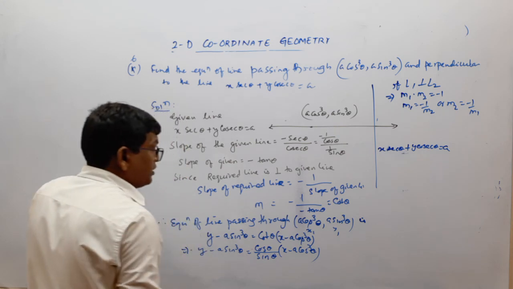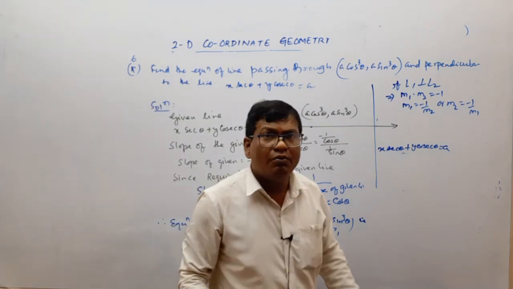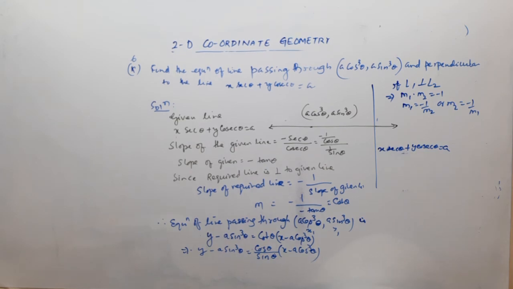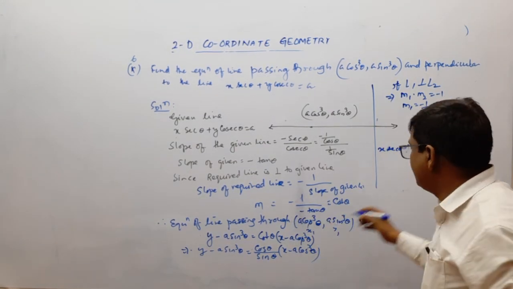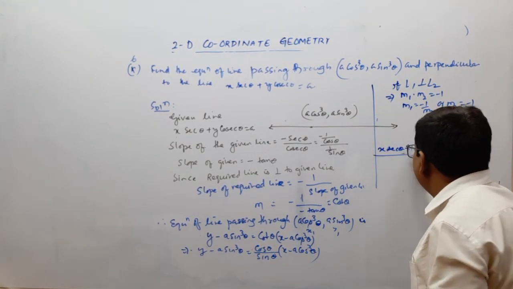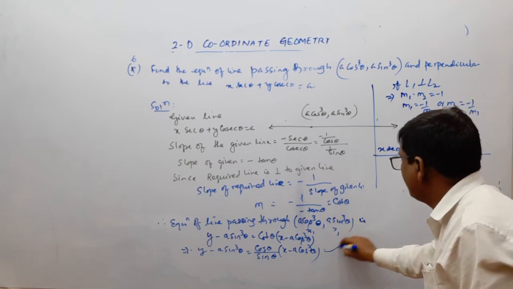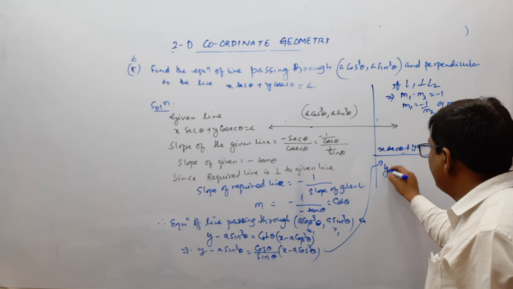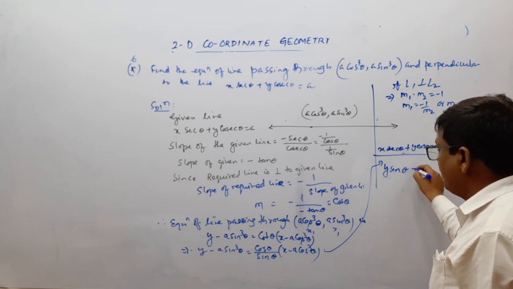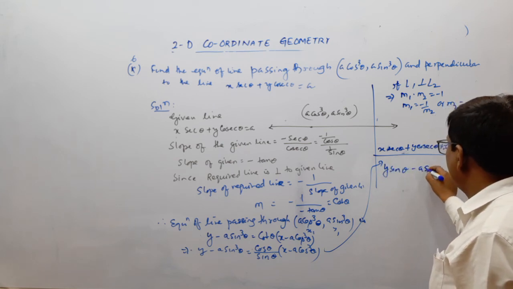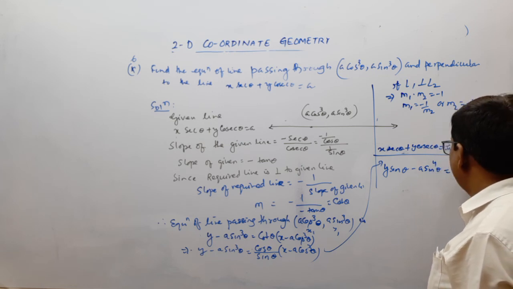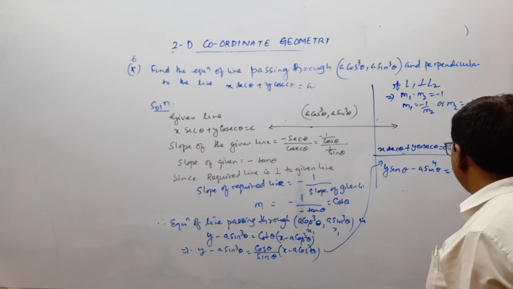Now multiply this. Now y sin θ minus a sin⁴θ equals x cos θ minus a cos⁴θ.